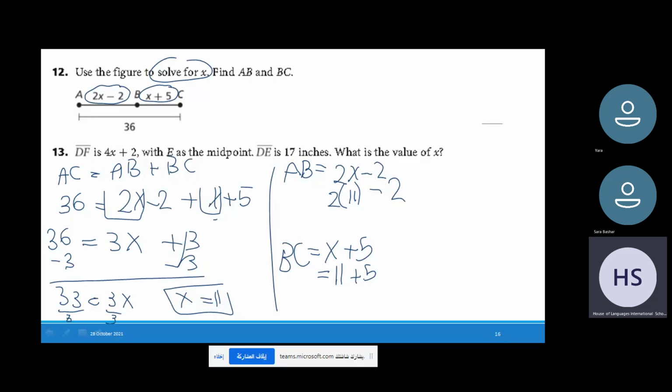The second step, you have to evaluate in the expressions. Then 2 times 11 minus 2 is 20, and 11 plus 5 is 16. Now, is my answer correct? Is 20 plus 16 equal to 36? Yes. So let's go.